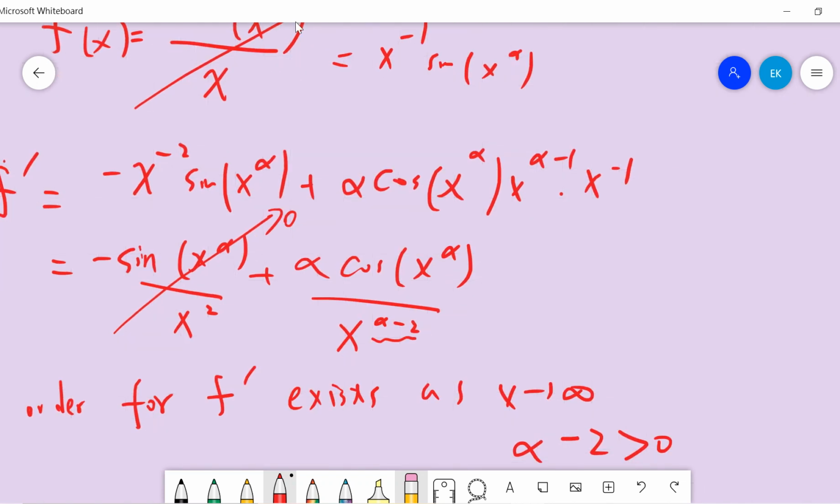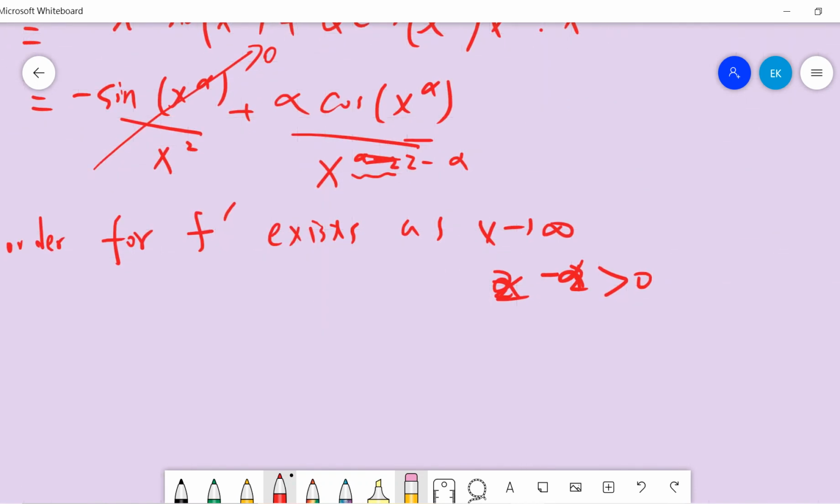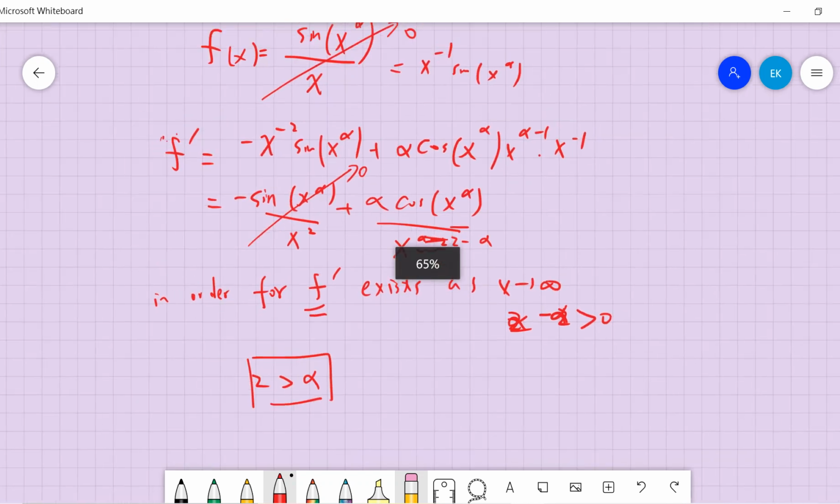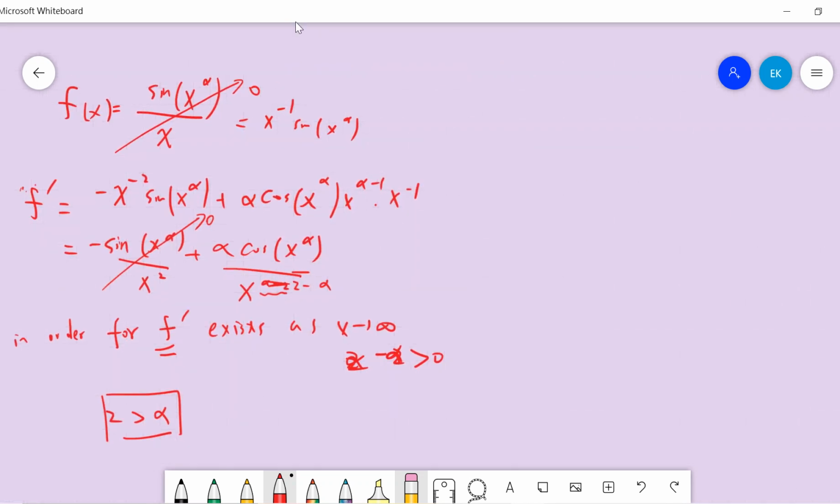Sorry, because I flipped it. So the condition for f prime is alpha less than 2. The computation is complicated, but we know f prime is equal to alpha cosine of x to the alpha times x to the power alpha minus 2. So we can calculate the double prime.